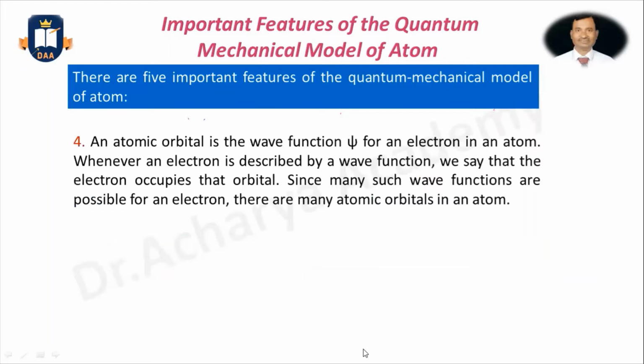And number 4, an atomic orbital is described by the wave function psi. The wave function is always denoted by psi as per the Schrödinger wave equation for an electron in an atom. Whenever an electron is described by a wave function, we say that the electron occupies that orbital.